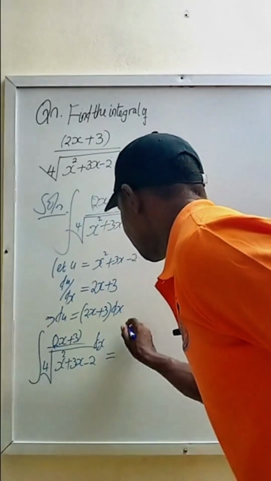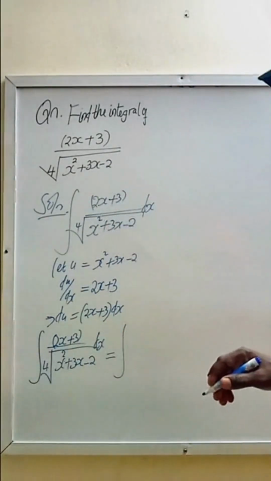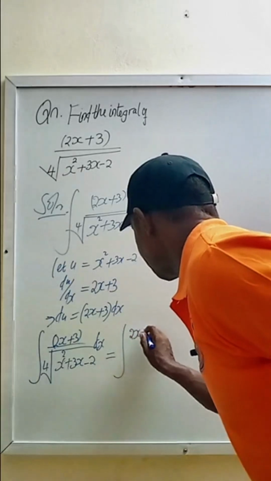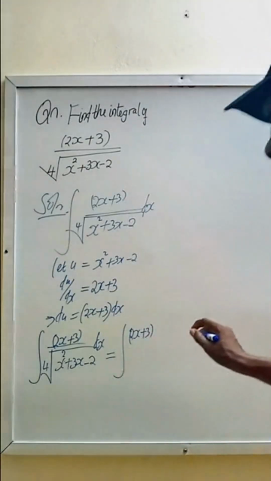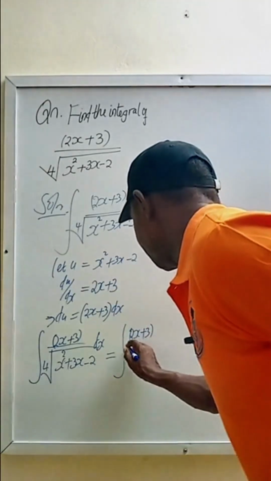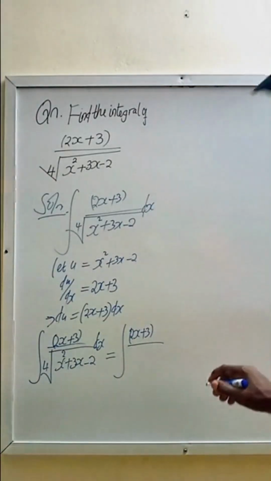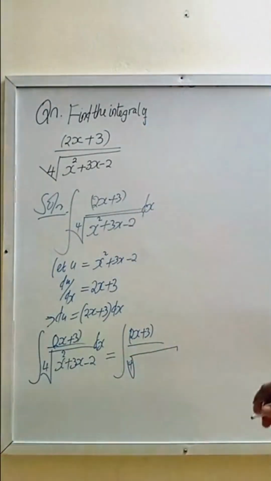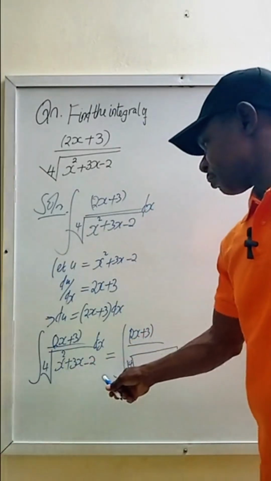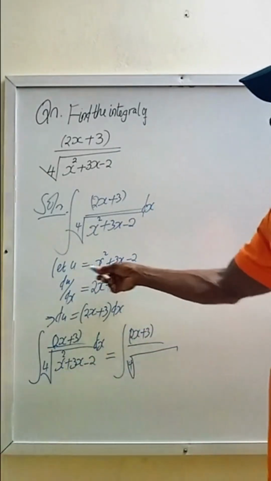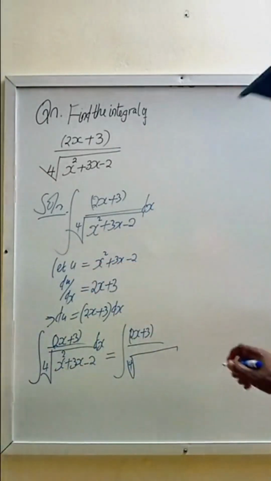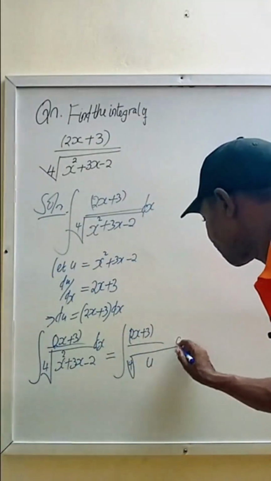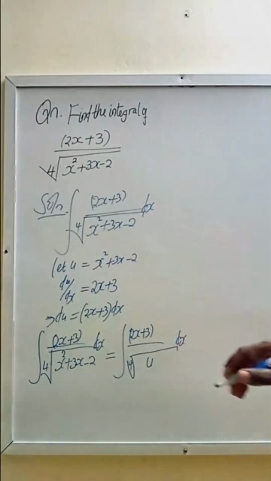Can I say this is the same as writing the integration of (2x plus 3), then we divide by the fourth root of, now we don't write this again because we have replaced it with u. So now it becomes the fourth root of u. Okay, then there is this dx. Look at the right hand side.